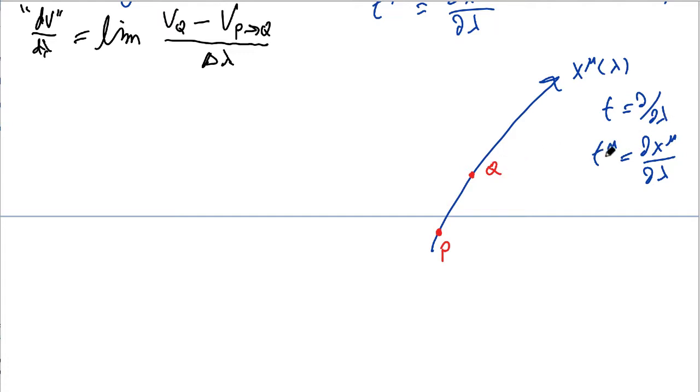And now what I'd like to do is make use of the concept of a displacement vector that I introduced last time. So let me construct the displacement vector from P to Q. So here's the vector.